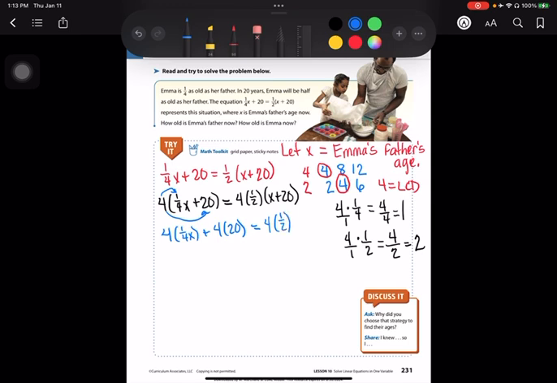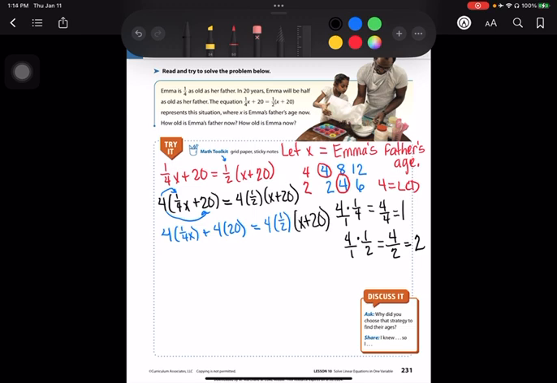And remember, because that fraction is on the outside of this parenthesis, I do not have to distribute that 4 to the 20, because that 4 is only being multiplied by this 1/2 only. So everything else will stay inside parentheses. Let me make that another color so you see what I'm talking about. So that's going to be x plus 20.